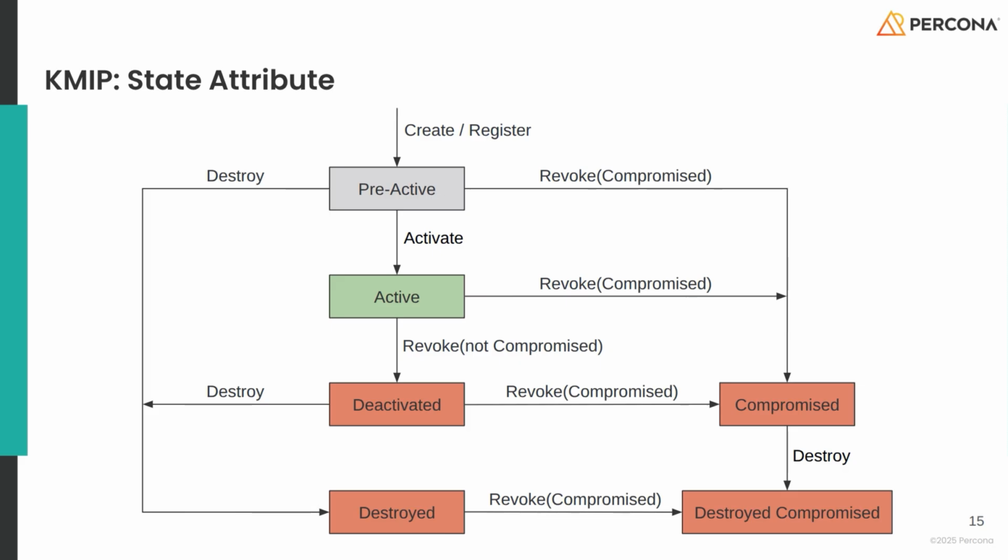Then it is desirable to activate our object as soon as it becomes used for any activity, like encrypting our data. Next, when, for instance, we learn that our encryption key is compromised, a security engineer just conducts the revoke operation on it with compromised reason, and that way transitions it to the respective state.